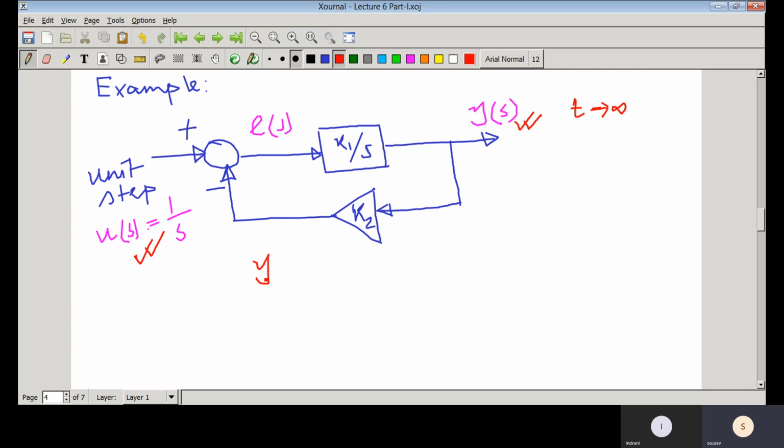Here you can see that Y(s) equals K1 by s into E(s), and E(s) is U(s) minus K2 into Y(s).